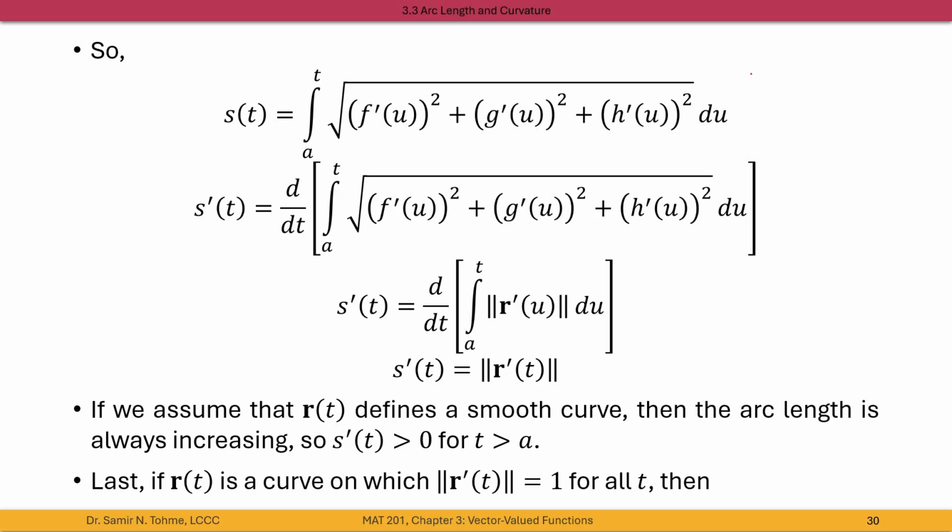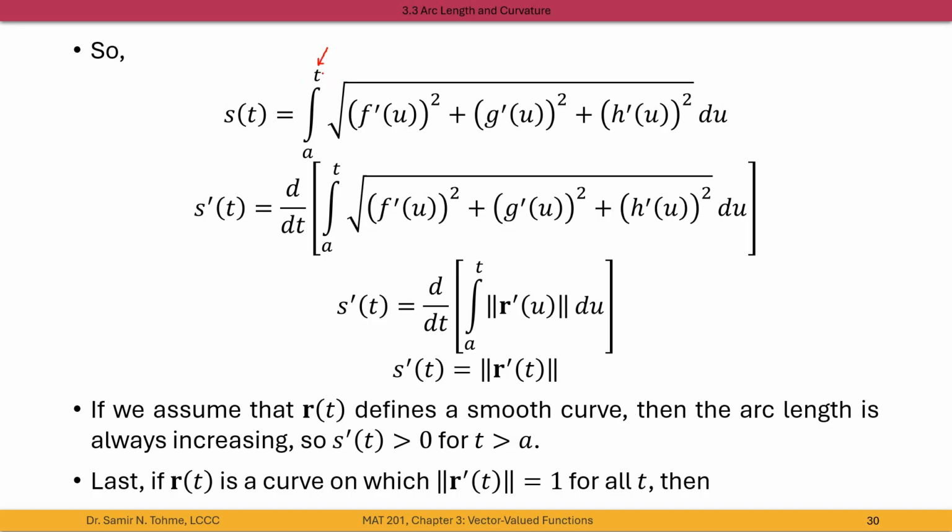So S is given by this formula. It is equal to the square root. We have seen this before. The square root of the square of each component of the derivative. So we used to do the derivative first of all, then we take the magnitude and we integrate between a, but now we have t instead of b.